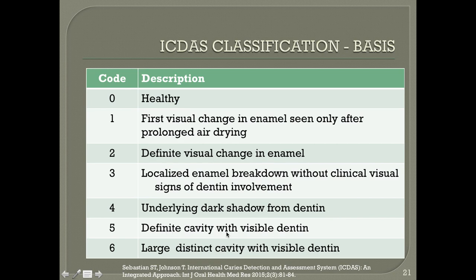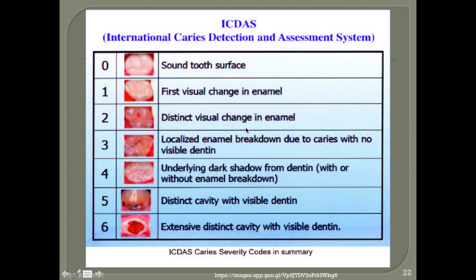Fifth is a definite cavity with visible dentin. So you find cavitation along with visible dentin. And 6 is a large distinct cavity with visible dentin. The same thing is shown here along with pictures. So 0 is sound tooth surface. First is just the first visual change.